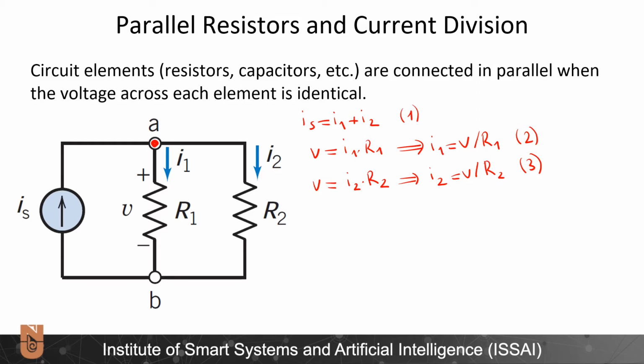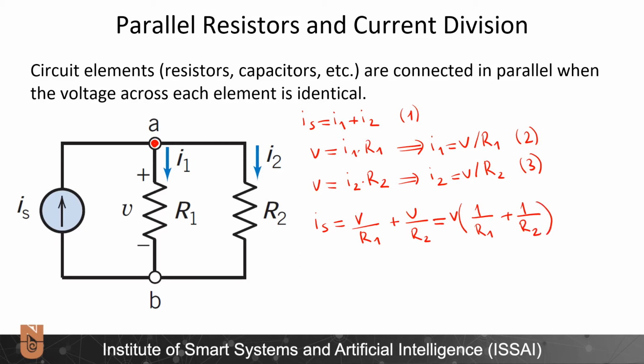If we substitute I1 and I2 in 2 and 3 into equation 1, I end up with Is equal to V over R1 plus V over R2, and I can write this as V times the parentheses of 1 over R1 plus 1 over R2.